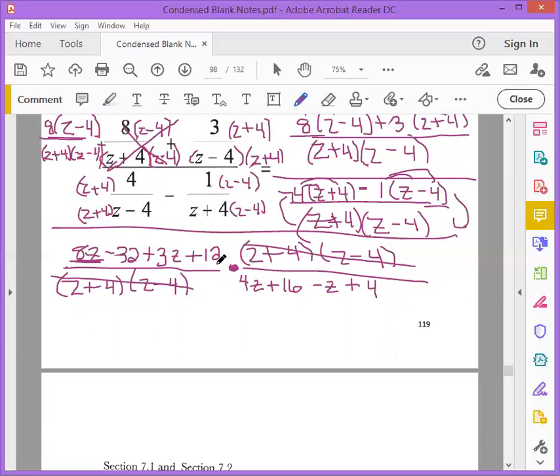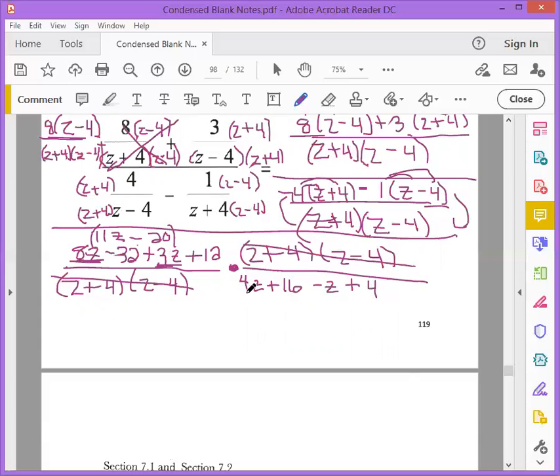This is 8z plus the 3z. That would give us 11 z's right here, 11z. Here we have minus 32 and plus 12. That would give us minus 20. So these are the terms that we're left with in the numerator, 11z minus 20 when we combine our like terms.